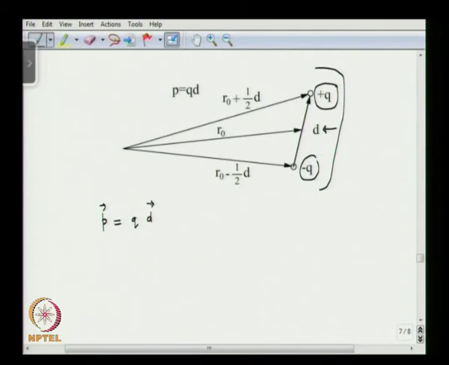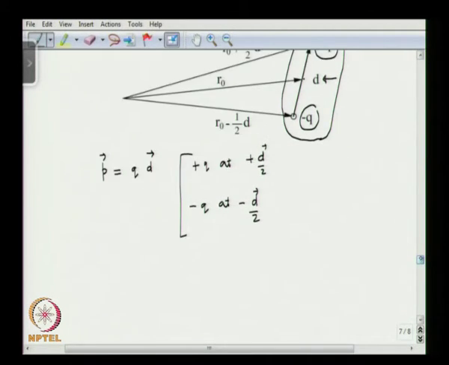We have plus q at plus d by 2 and minus q at minus d by 2, so we are talking about this point dipole in space.